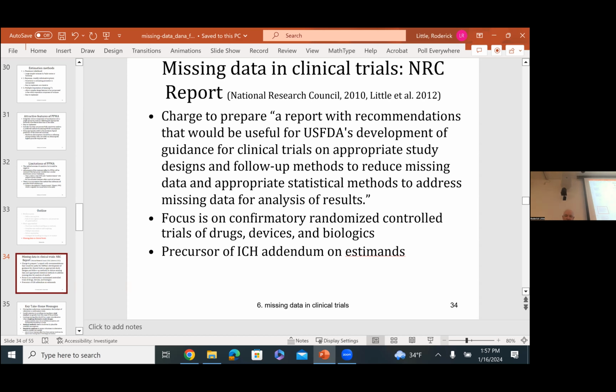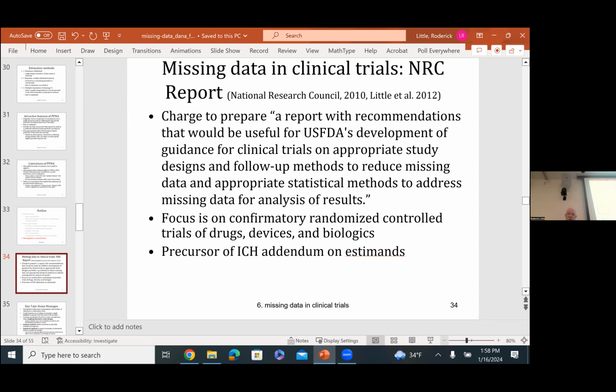The FDA funded this. The focus was on confirmatory randomized trials. And there's an ICH E9 addendum on estimands, which deals with missing data in a lot of its content. Some of you are probably familiar with that from ICH, the International Conference on Harmonization.